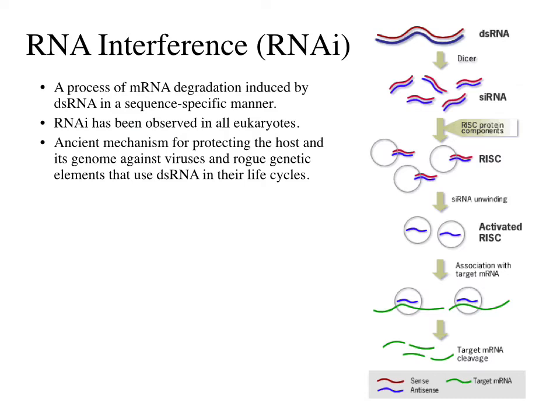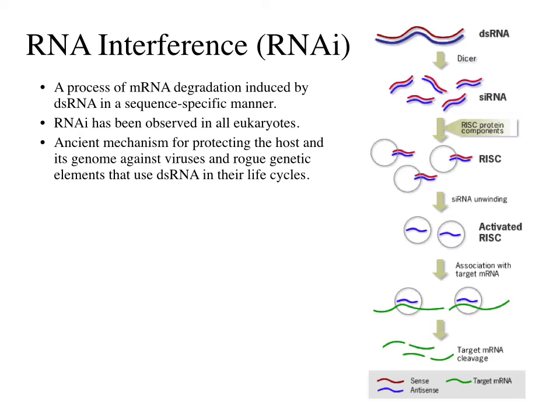RNA interference is a natural process with a role in the regulation of protein synthesis and in immunity. It's also a potent tool for the exploration and manipulation of gene expression. In response to double-stranded RNA, cells trigger a 2-step reaction. In the first step, long double-stranded RNA is processed by an enzyme called dicer into small interfering RNAs, or siRNAs.